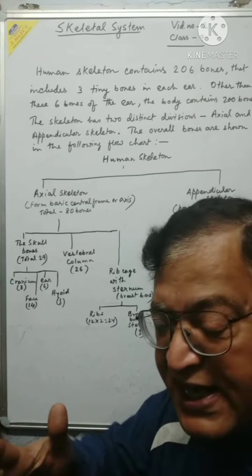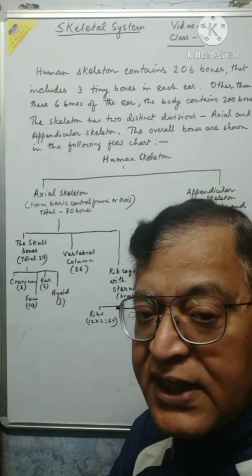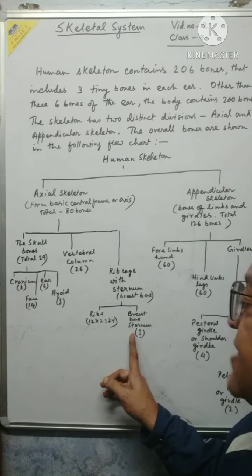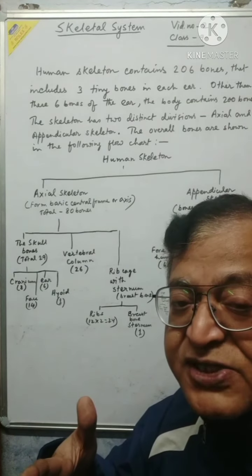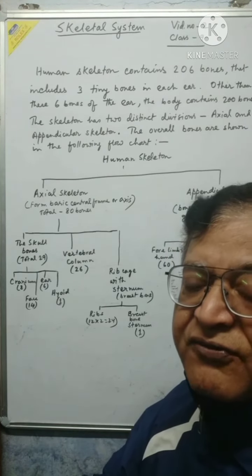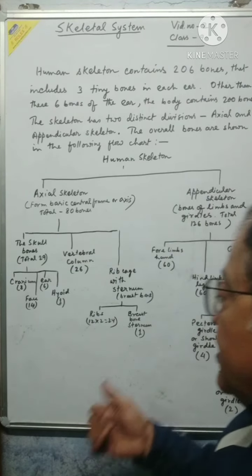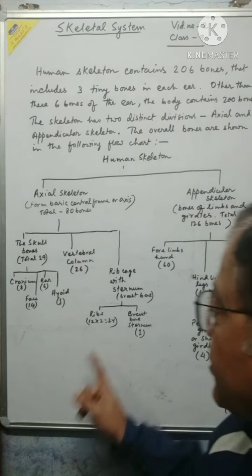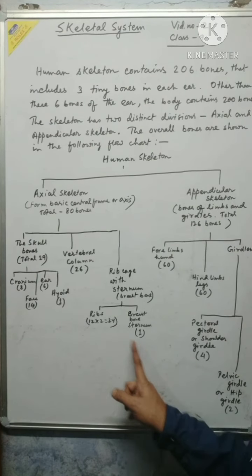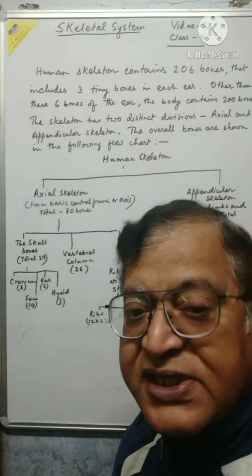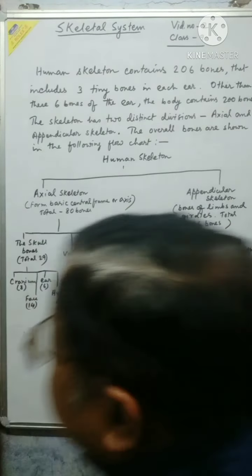That forms a kind of cage which protects the lungs and heart. 24. And a breastbone with which the rib cage is made, which is present in the front of our chest. That is called the breastbone, or technically the sternum. Total is 25. If you add these numbers, you will get a total of 80 bones in the axial skeleton.